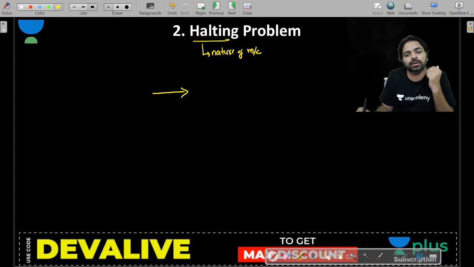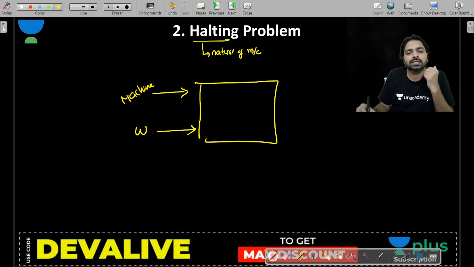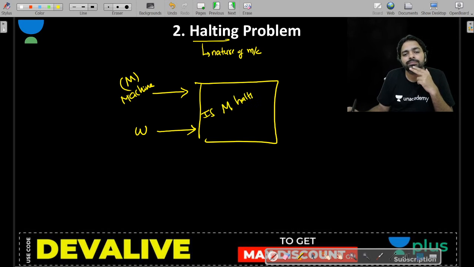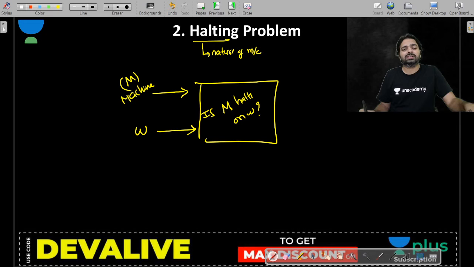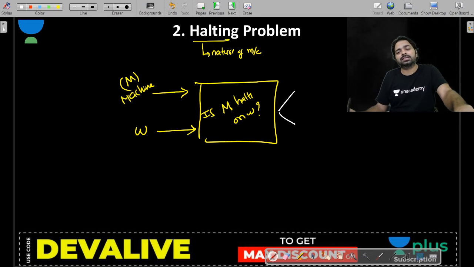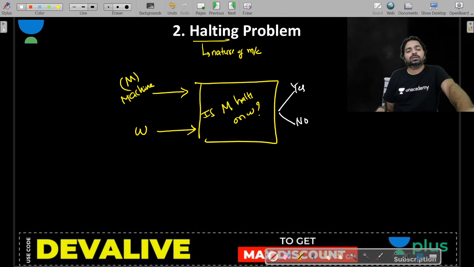So here one input is a machine, the other input is W. We are going to ask, if M is a machine, does M halt on W? The answer may be yes or no. Really we don't know whether we have a logic or not. So we may ask the question.